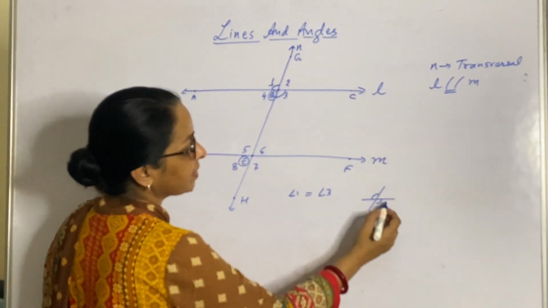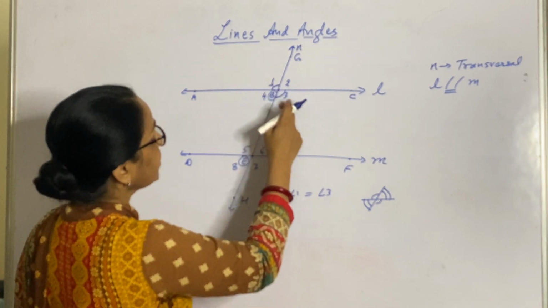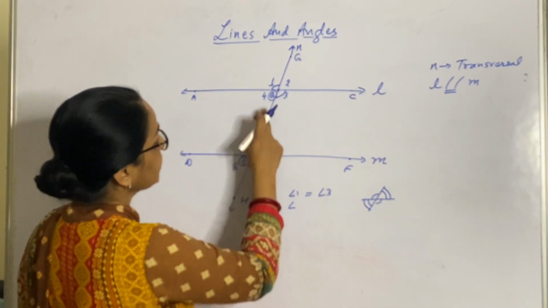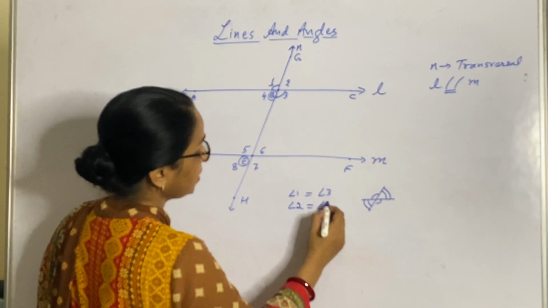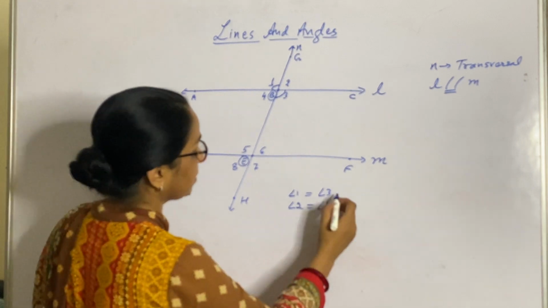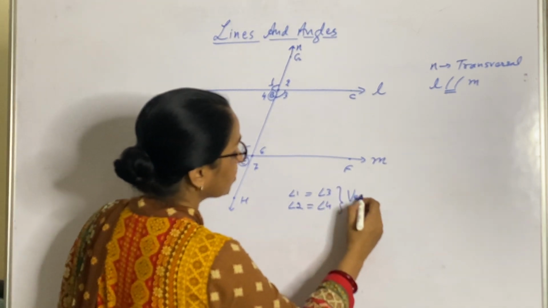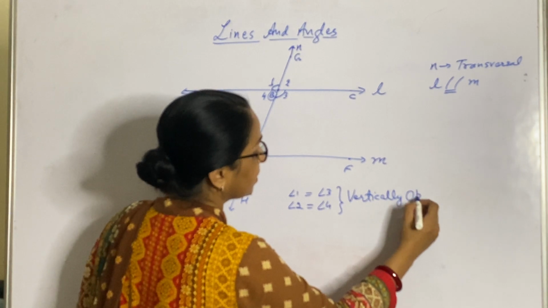One is this and the other is this. So 1 and 3, and same way 2 and 4, they are also vertically opposite angles, so they will always be equal. Why are they equal? Because they are vertically opposite angles.